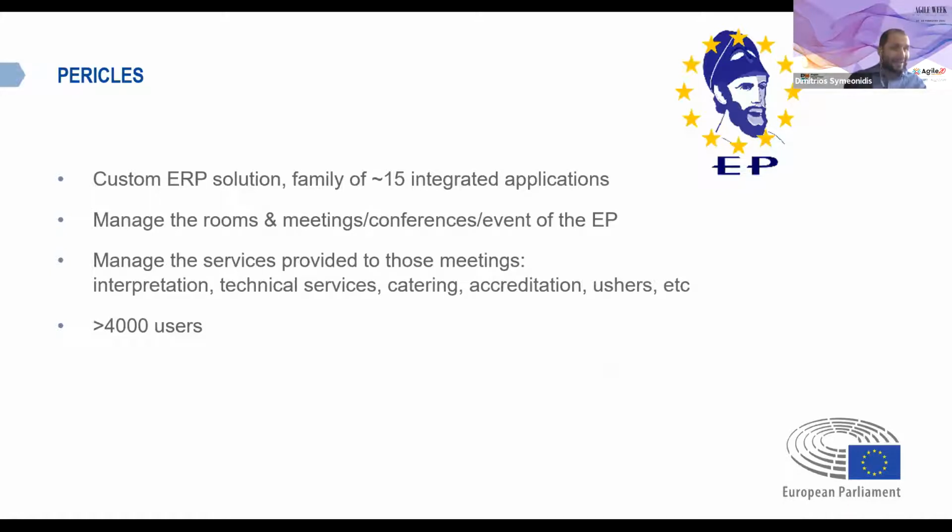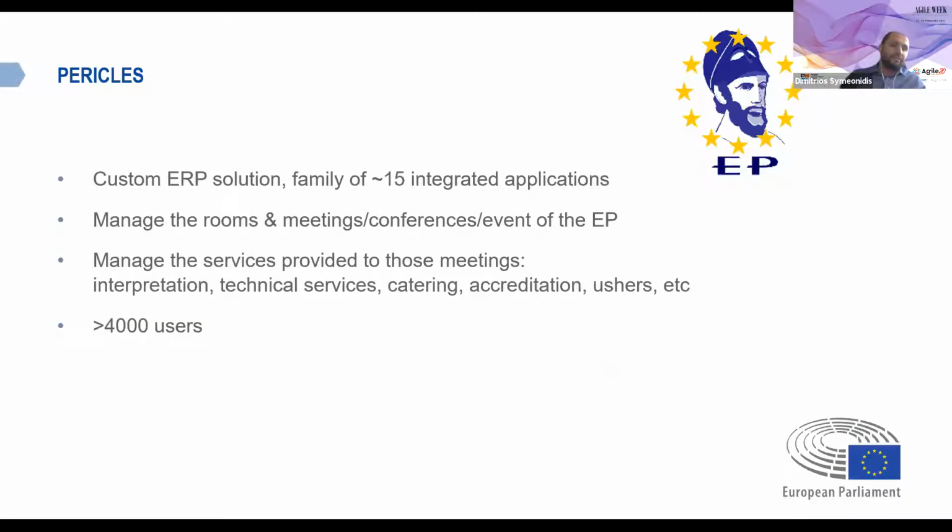So getting to Pericles now, as already explained by Nasos, Pericles is a kind of custom enterprise resource planning solution built for the European Parliament and used in the European Parliament and in a couple of other EU institutions.